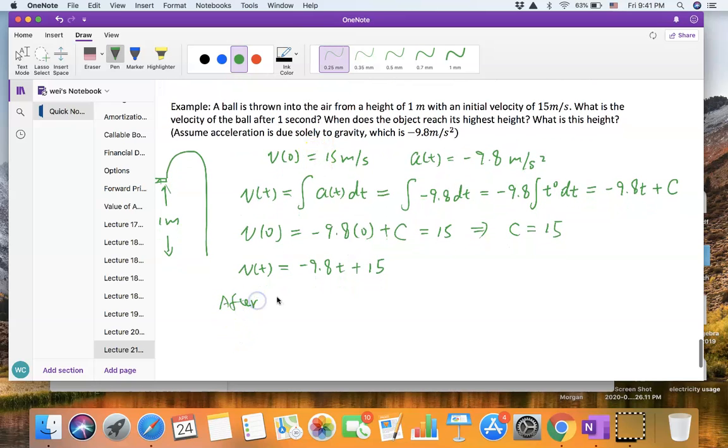After 1 second, the velocity is v of 1, which is negative 9.8 times 1 plus 15. So that is 4.2. Right. Sorry, it's 5.2.